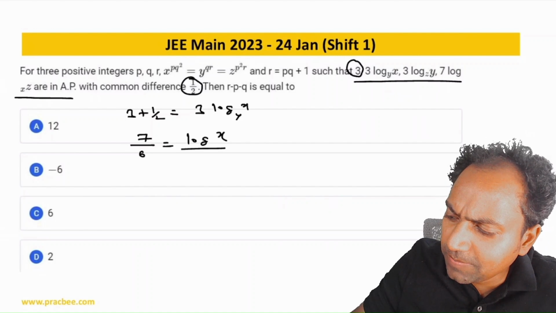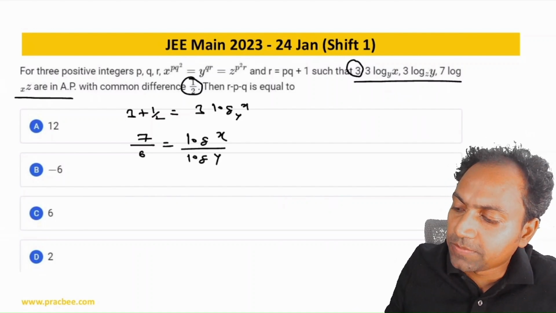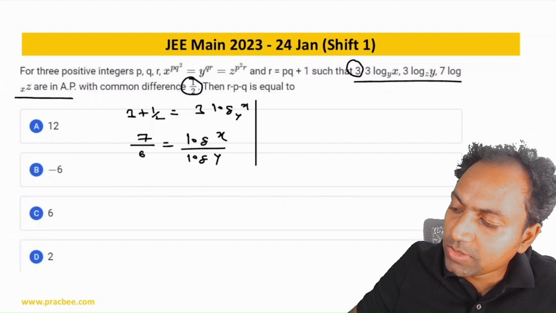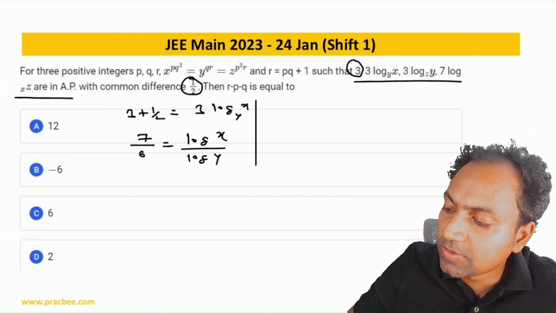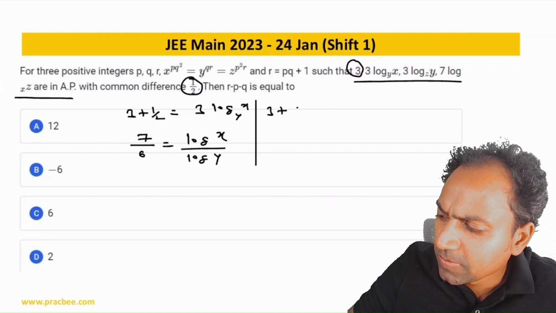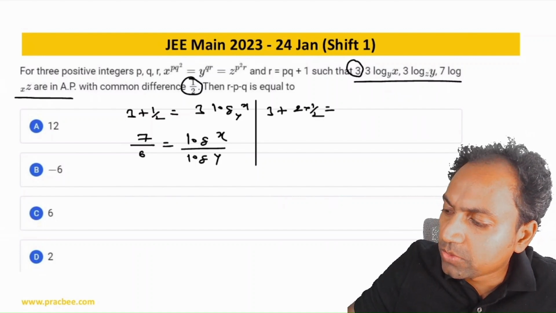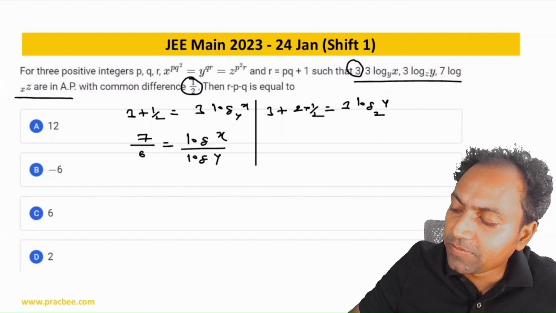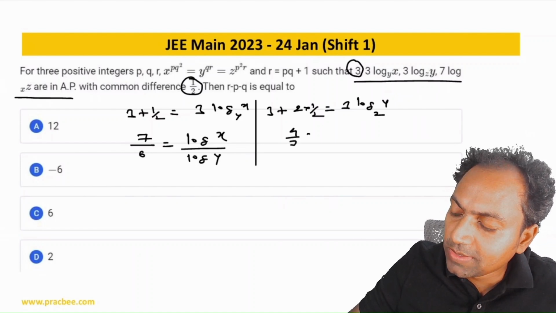That can be written by base change formula as log x by log y. Fine. In the similar manner, if I look into the third term, it is going to be 3 plus 2 into 1 by 2 is equal to nothing but 3 log y to the base z. And again, if I simplify, this is 4 by 3 is equal to log y by log z.